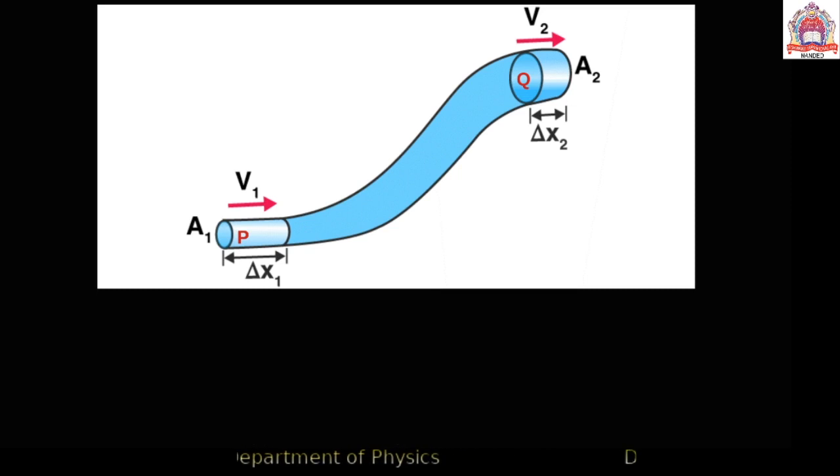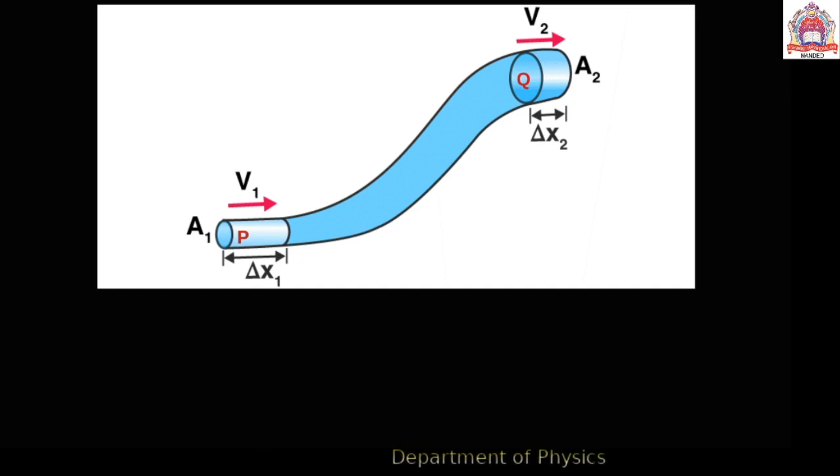Since the sides of such a tube are everywhere in the direction of flow of the liquid, no liquid crosses the sides. Actually, the liquid moves inside a tube of flow just as if the tube has solid walls.